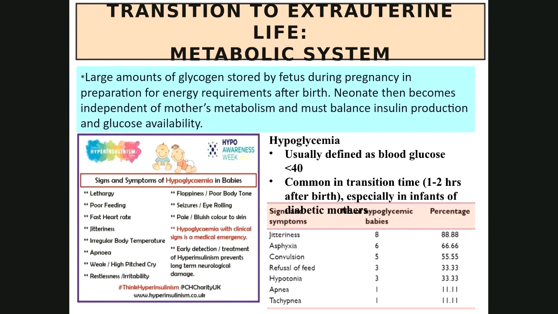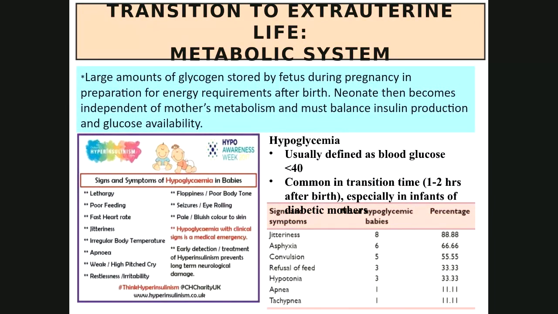So large amounts of glycogen are stored by the fetus during pregnancy in preparation for energy requirements after birth, okay? That's normal. The neonate then becomes independent of the mother's metabolism and must balance insulin production and glucose availability by itself, okay?